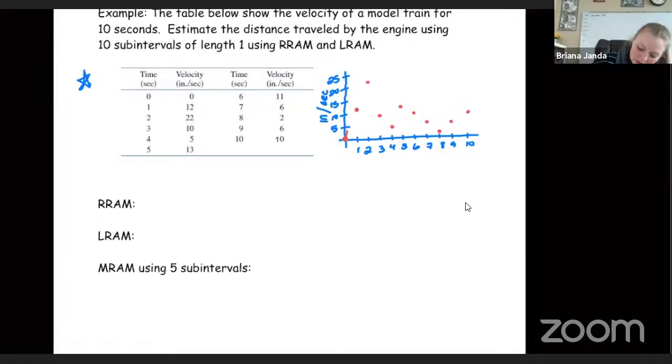And I can connect that so you can see this continuous velocity curve that we have going. And we're going to approximate the area under that using whatever's asked of us.